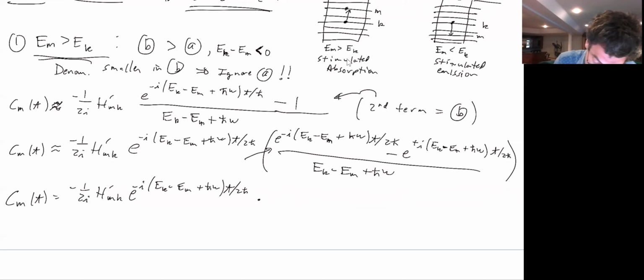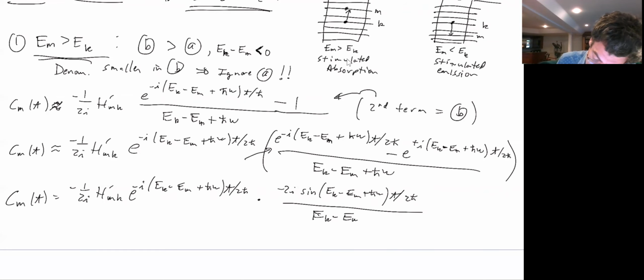So it'll be negative 2i sine of (Ek minus Em plus h bar omega) t over 2h bar, divided by Ek minus Em plus h bar omega. Okay, so because what was inside of there turned into a sine function. And so that was the cute little trick.